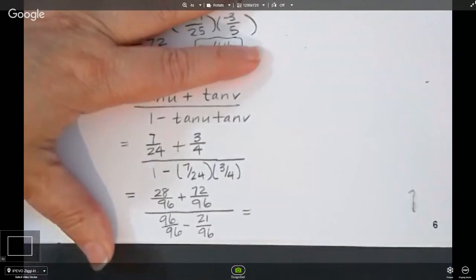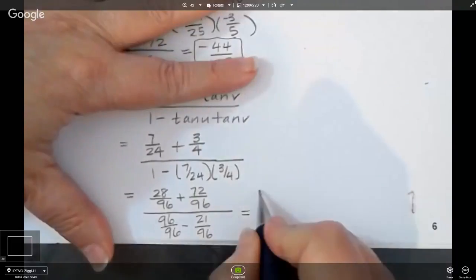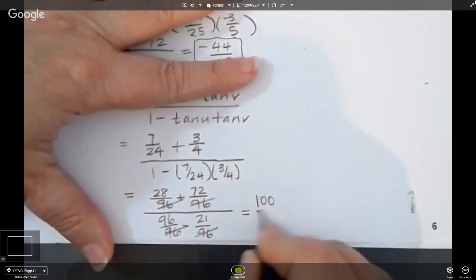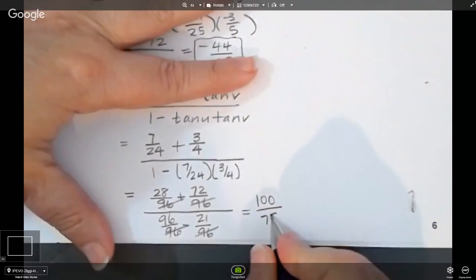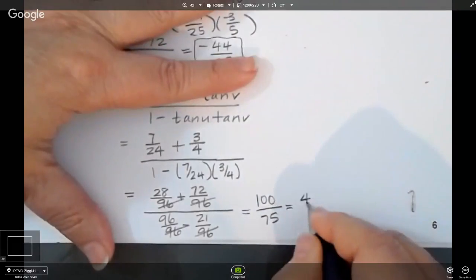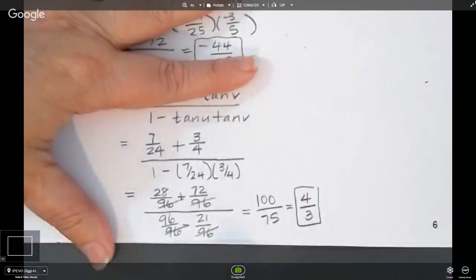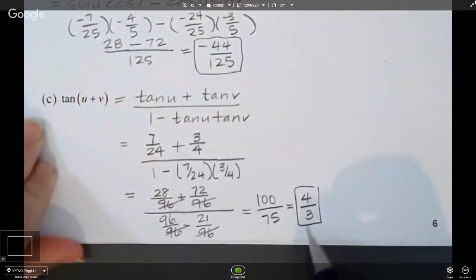So 28 and 72 is 100 over 96. Well, and these 96s are all going to cancel. So it's going to be 100 over, and then 96 minus 21 is 75, which is a nice number. And 25 goes into this, 4 over 3. So the tangent of our angle u plus v is equal to 4 over 3.